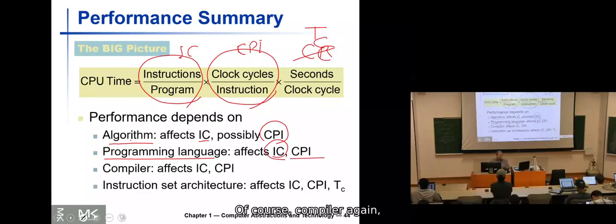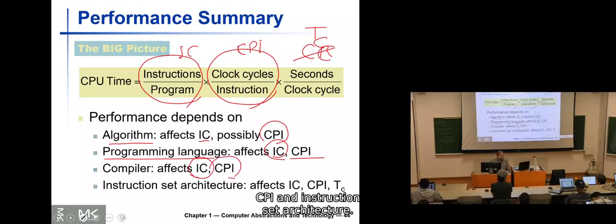Compiler, of course, is the same thing as programming languages. If you have different compilers with one language, you are writing in C, but using two different compilers, this will compile to a different number of instructions, and it will cause a different CPI.